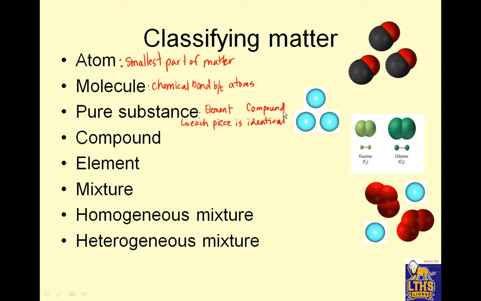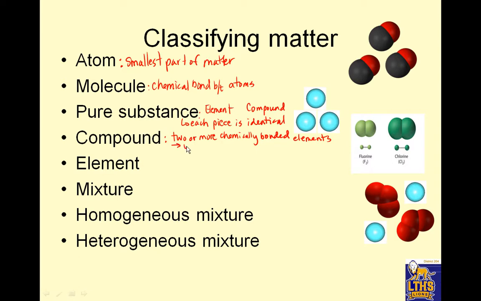All right. So, what's the difference between a compound and an element? A compound is 2 or more chemically bonded elements. All right, you have to have at least 2 different elements in a compound.